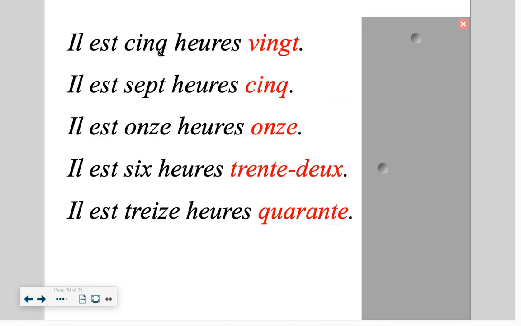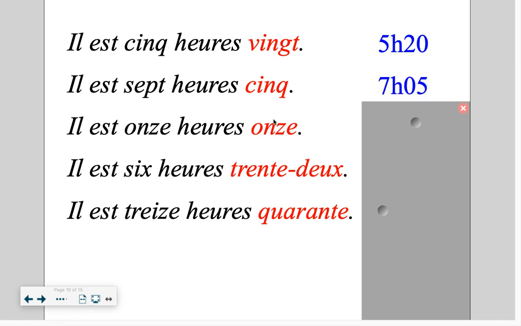If I say il est 5h20, take a guess. 5h20 is 5:20. That's how we would write it. Then we have il est 7h05. 7:05. Notice we don't say 05, we just say 5. We don't say the O like we do in English.